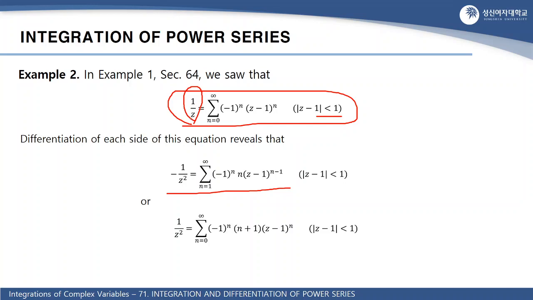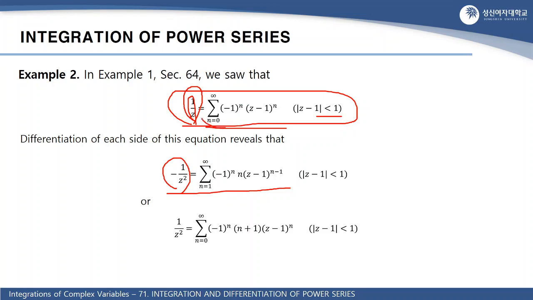We have the differentiation of this function 1 over z, negative 1 over z squared, is equal to this part when we differentiate.